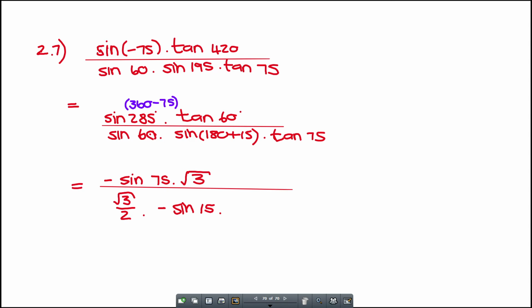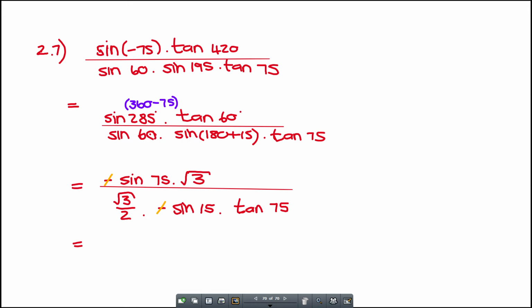And then tan 75. Nee, is julle reg so ver? Goed, nou, hierdie minus en daai minus, that's the first thing I see, those will cancel each other out. Nee, so hy gaan op die ou end 'n positiewe antwoord raak.